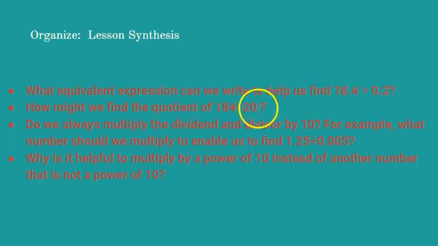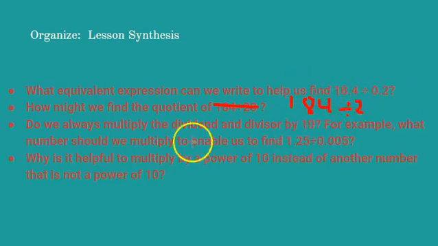Because we've got different values here. So really, it should be 184 divided by 2 if I multiply both of those by 10. Again, when you change it, you always have to multiply the dividend and the divisor by the same power of 10.